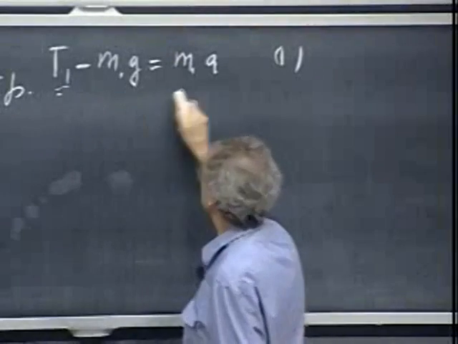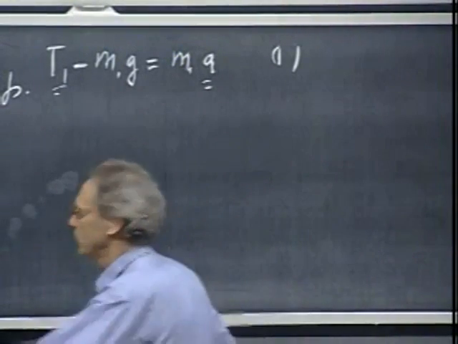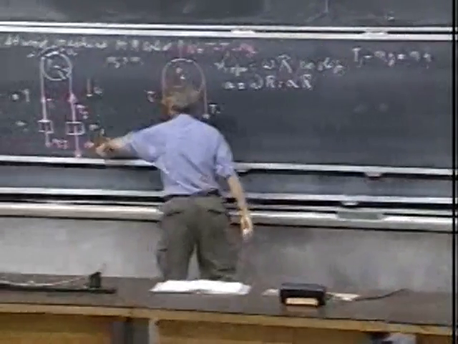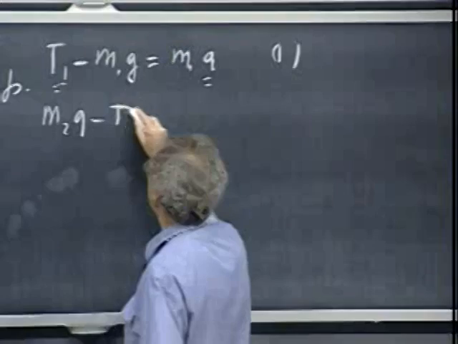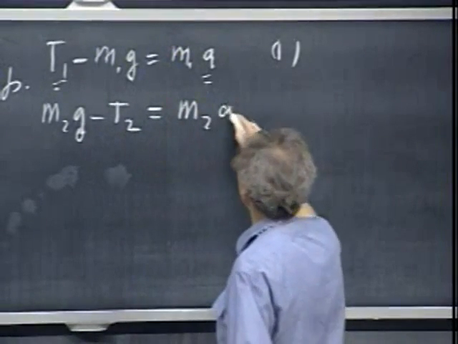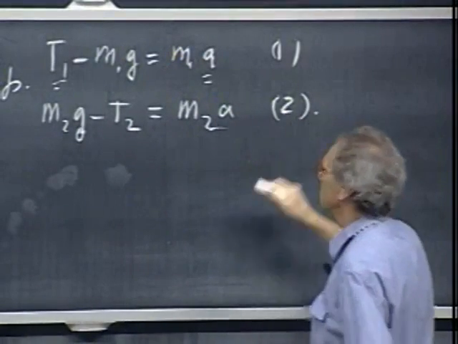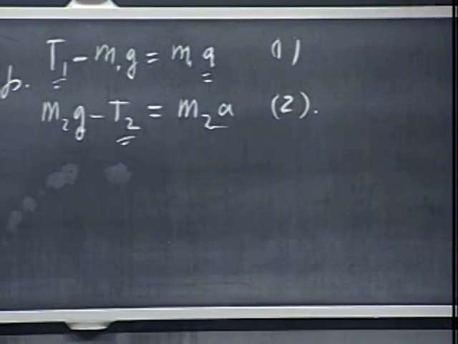I don't know what T1 is, I don't know what A is. Second equation for this one, I call this the positive direction: M2G minus T2 must be M2A. Second equation. One unknown has been added. So I need more. Of course I need more.